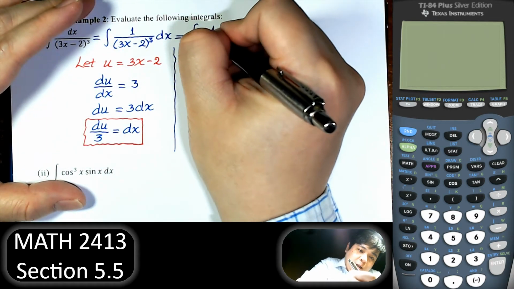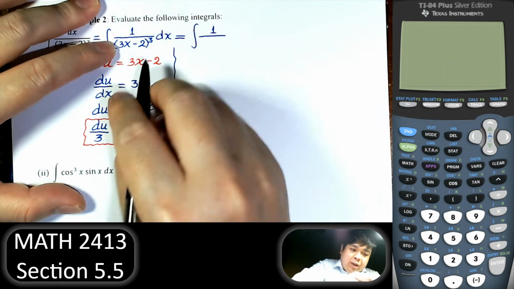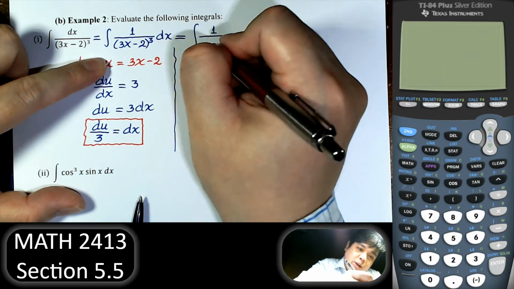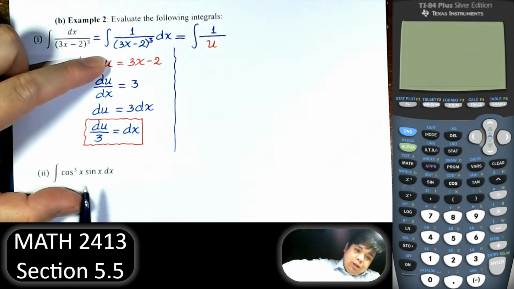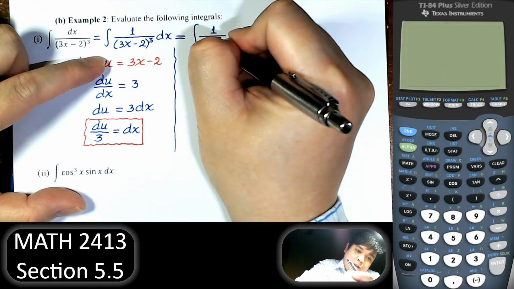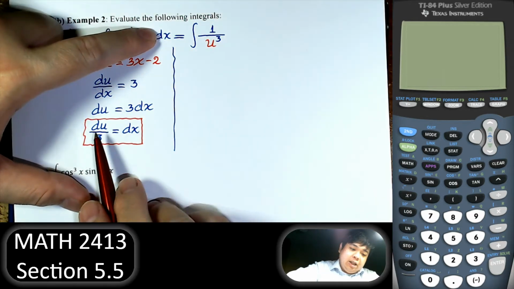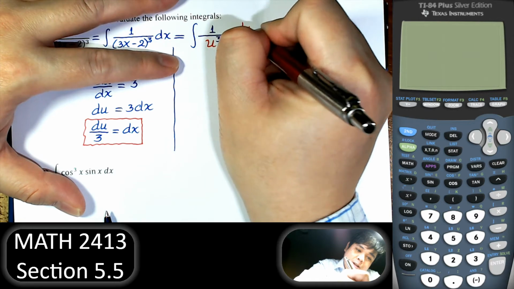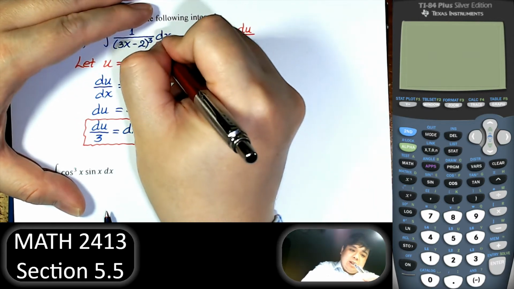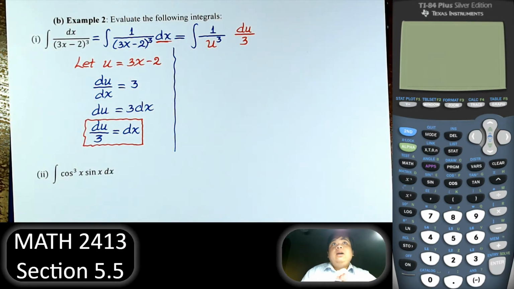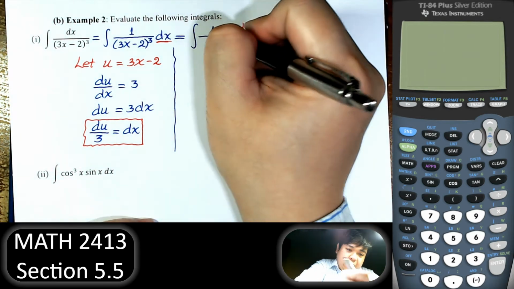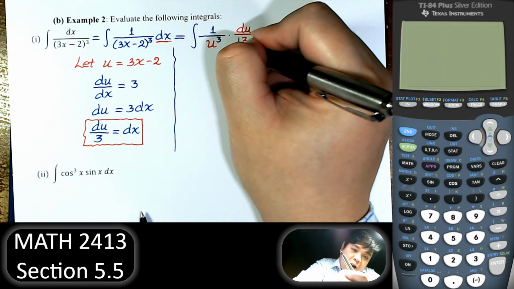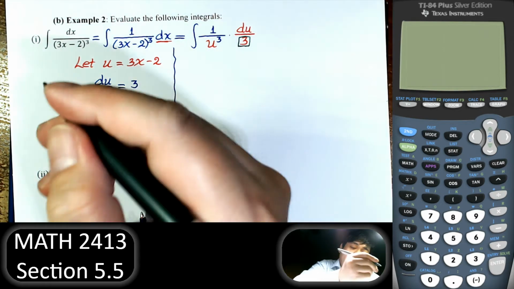We have 1 over (3x minus 2), and 3x minus 2 is u. That's what we let equal to, right? So we have u cubed. dx is du over 3. Now from here, we have 3, a constant, and we can bring it outside the integral.